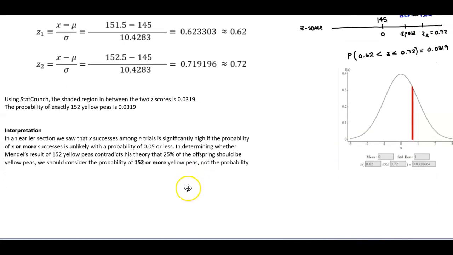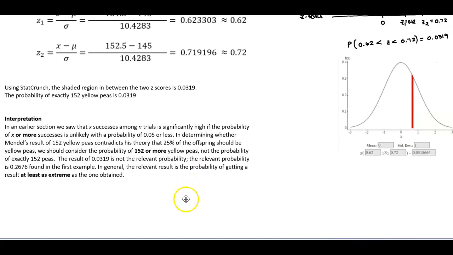Now, here's the interpretation. In an earlier section, we saw that x successes among n trials is significantly high if the probability of x or more successes is unlikely, with a probability of 0.05 or less. In determining whether Mendel's result of 152 yellow peas contradicts his theory that 25% of the offspring should be yellow peas, we should consider the probability of 152 or more yellow peas, not the probability of exactly 152 peas.